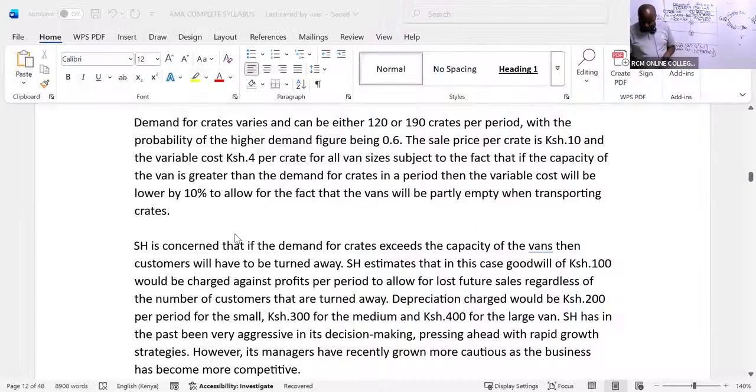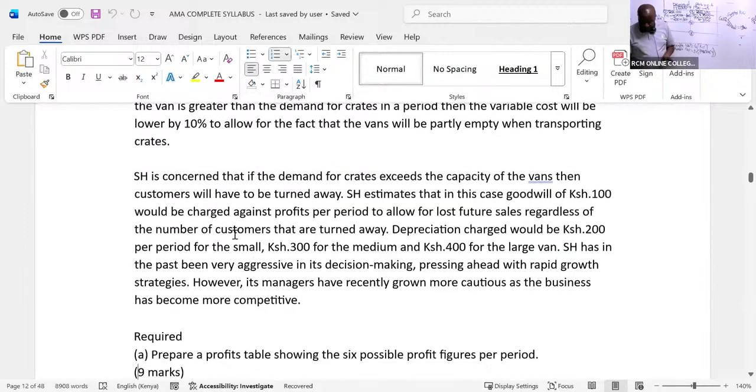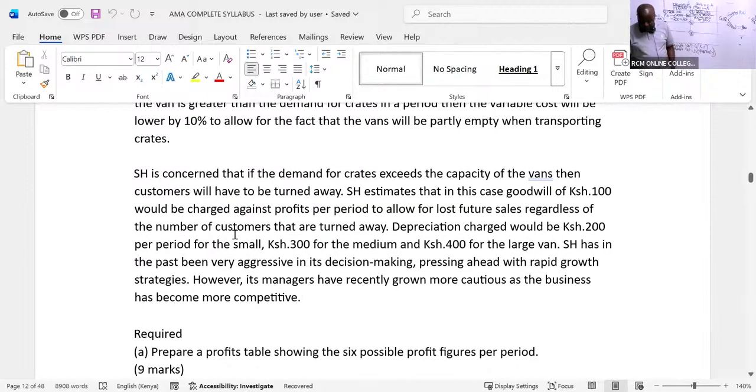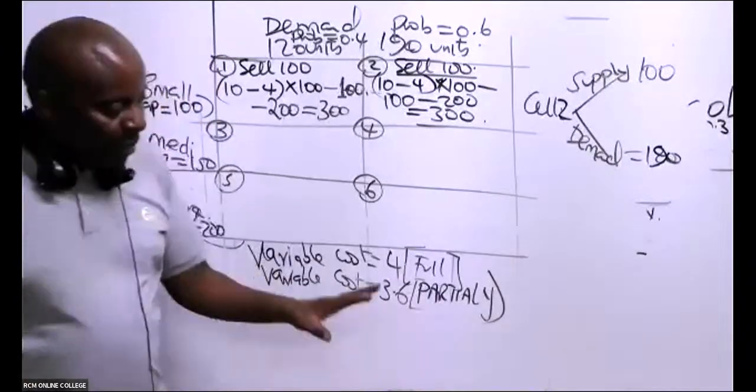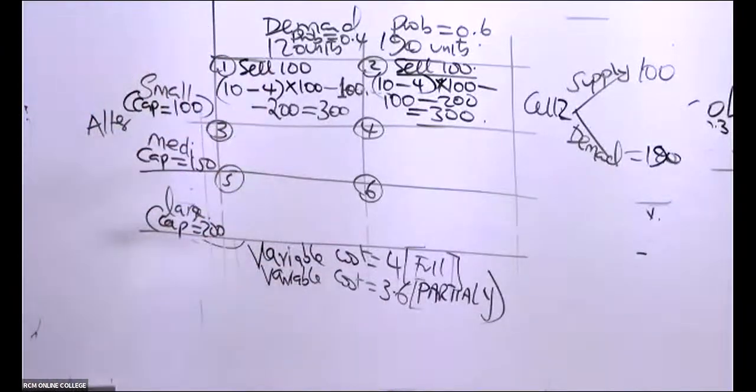The goodwill lost will always be constant at 100. SH is concerned that if the demand for crates exceeds the capacity of the vans, then customers will have to be turned away. SH estimates that in this case, goodwill of Kenya shillings 100 will be charged against profits. So even if you turn away 90, still goodwill will be 100.